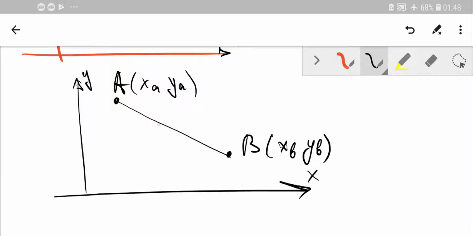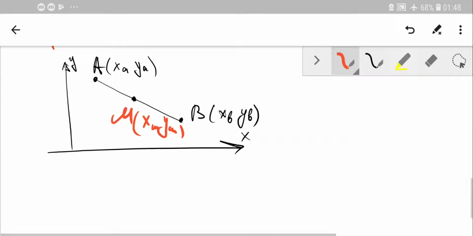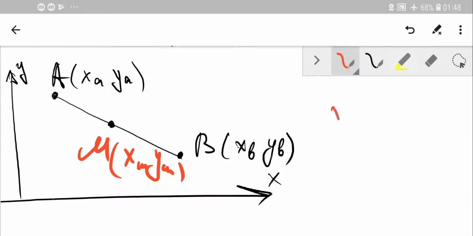To be precise, the midpoint should be somewhere here. In order to calculate midpoint coordinates, you need x midpoint and y midpoint. So for x m, it will be the arithmetic mean of the x coordinates for A and B.